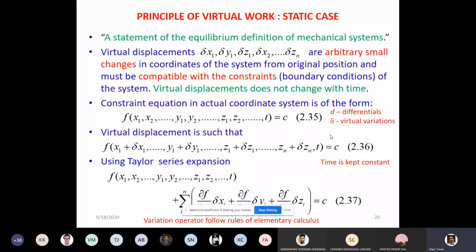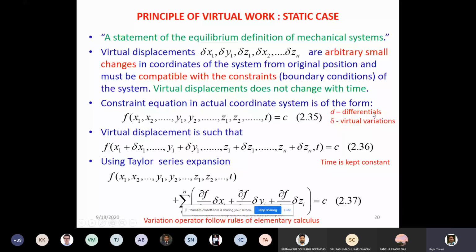So let us say a constraint equation has this functional form, which is a function of x1, x2, like this, and a function of time also, equal to some constant. So this is a constraint equation. Whatever variation we are giving will be represented by delta, which is virtual variation. D we generally use for differentials.